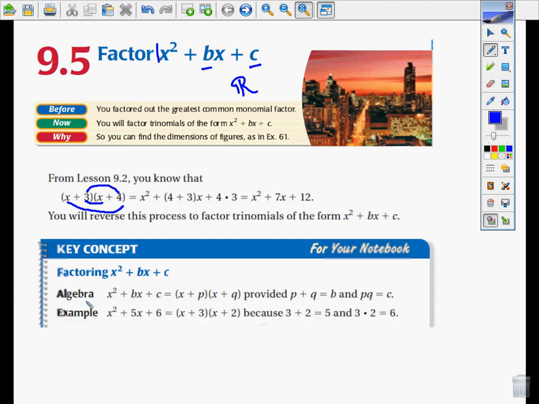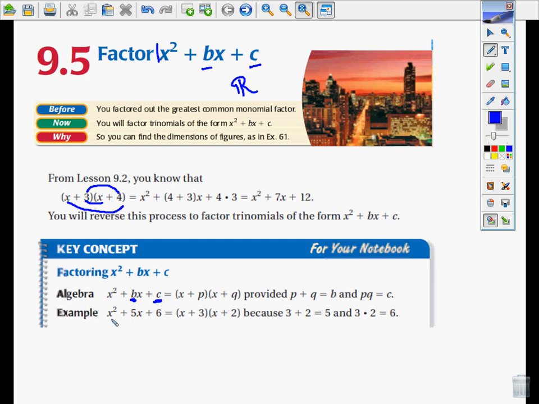When we look at this algebraically, we have x squared plus bx plus c. It's always going to factor into x times x, because x times x will always give me x squared, and then we're going to say plus p and plus q. Q and p are just real numbers, but p plus q has to equal the b coefficient, and p times q has to equal the c coefficient.